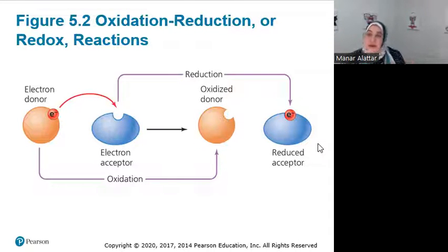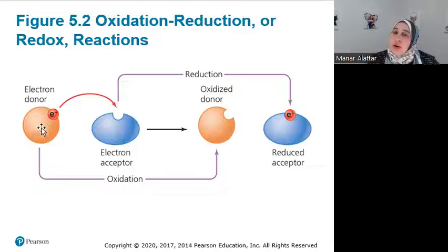Okay, so you might know, or you might see, that the electron is negatively charged. So when we move an electron onto an atom or a molecule, that actually reduces its charge. It makes it more negative. And so in that way, we're actually getting a reduced molecule in that case.